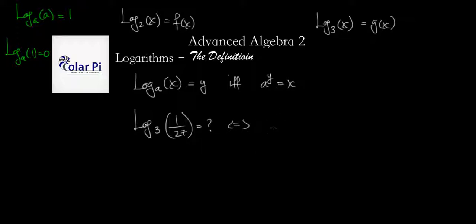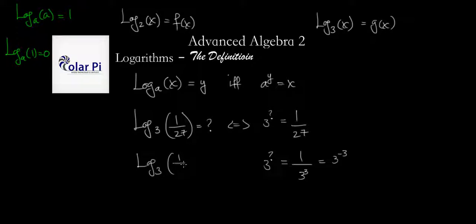Based on our interpretation, we seek 3 to the question mark is equal to 1 over 27, that is, 1 over 3 to the third. But 1 over 3 to the third is 3 to the negative 3. So the question mark is clearly negative 3. In other words, log base 3 of 1 over 27 is equal to negative 3.